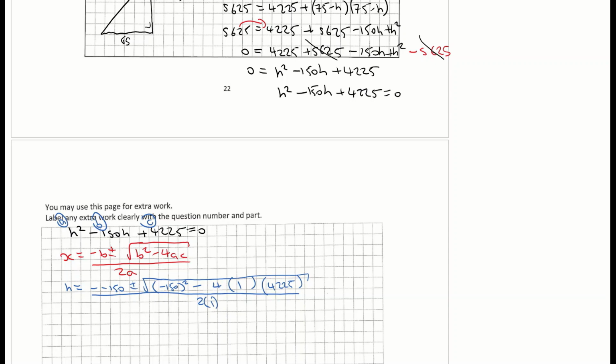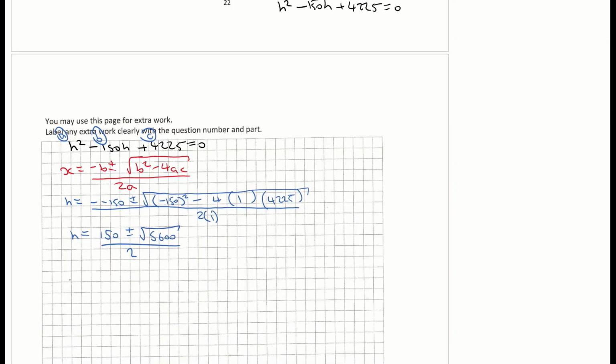So I need to tidy all this up now a little bit more. So that's giving me h is equal to minus minus becomes plus, and my square root, when I work all that out, is giving me the square root of 5,600, and it's all over 2.